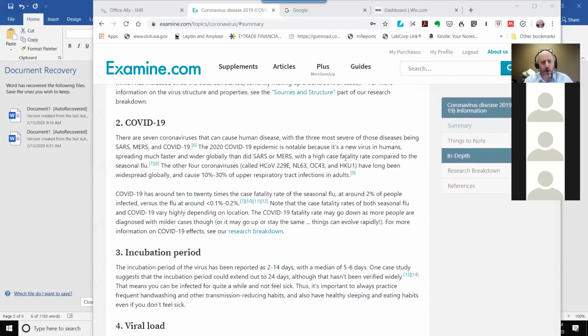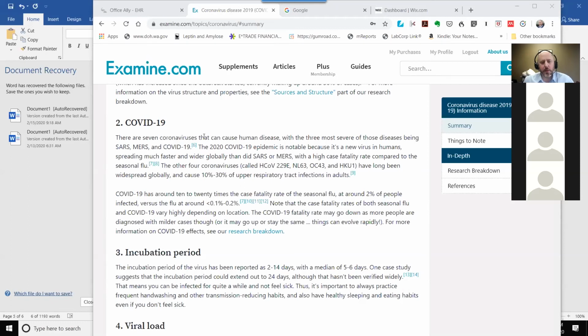Then we talked about how there are 7 different types of coronaviruses, and that in the past there were ones called SARS and MERS, and those were much more aggressive and more fatal than this one. But the reason why this one has been so concerning is the rate at which it's passing on to people, and it has a higher fatality rate than the seasonal flu.